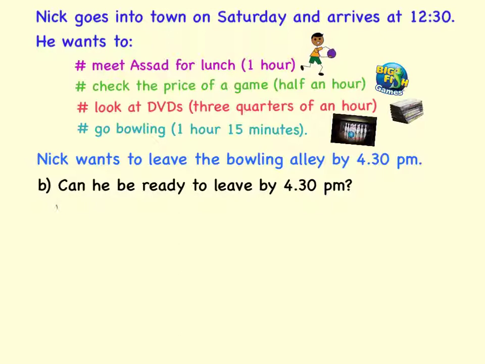He arrives in town at 12:30. He's going to meet Assad for lunch, and that's going to take an hour. So let's add 1 hour to 12:30, and we get 13:30, or 1:30 if you prefer it.